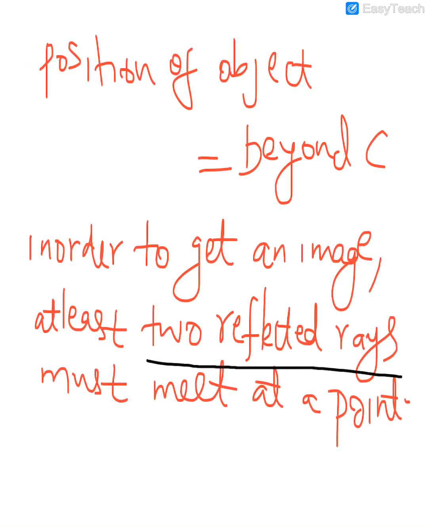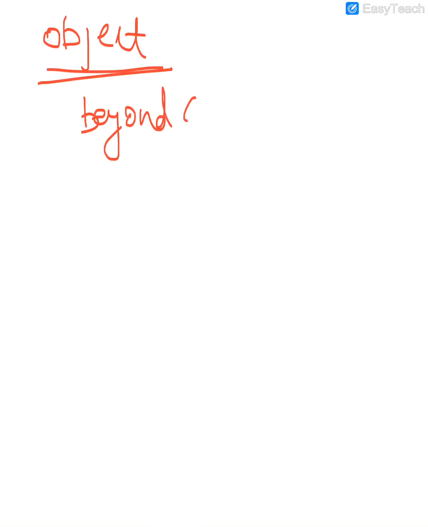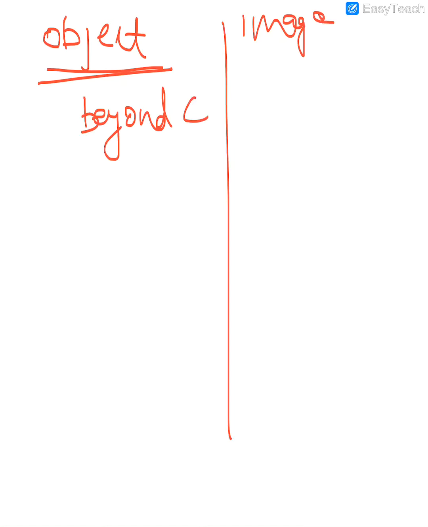Now next we need to place the object. So in this case, where we placed the object, we placed the object beyond C. Now where we got the image? In between C and F we got the image.